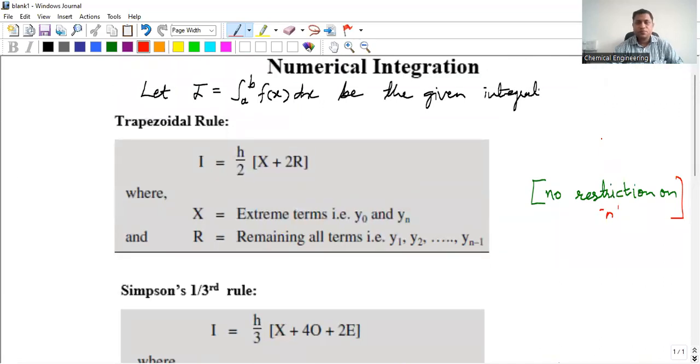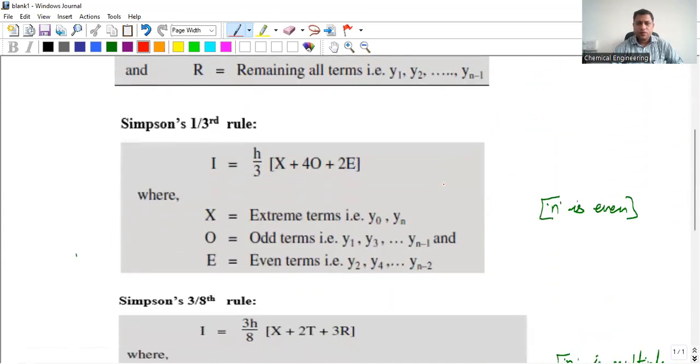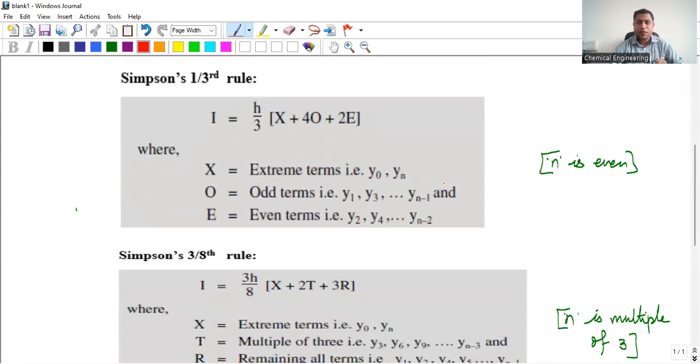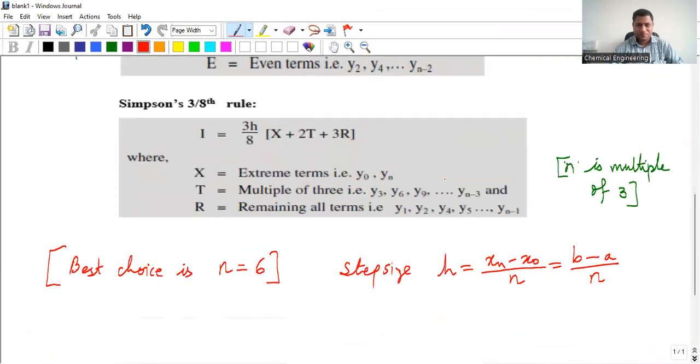Sir, this base choice will be only 6 or multiples of 6? Multiples of 6, and 6 is the minimum. That's why, if you don't want to go for more calculations, 6 is the best choice. Suppose you consider 12 as the number, then you have 12 subintervals, so each interval will be chopped into 2 intervals.